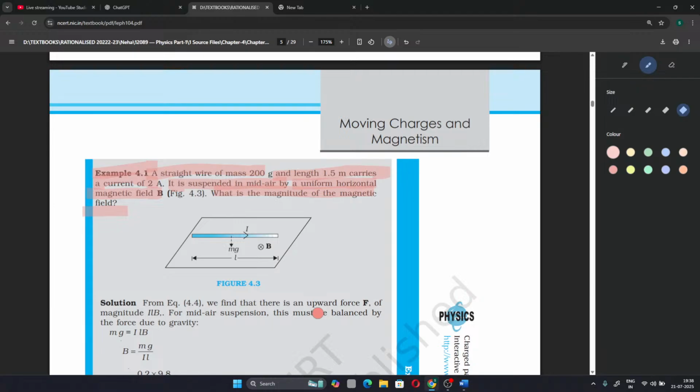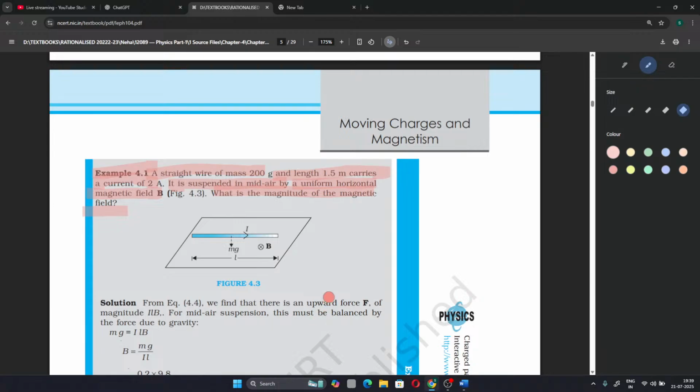This is suspended in mid-air by a uniform horizontal magnetic field. There is no rope holding this straight wire of mass 200 grams. It is floating in mid-air, and that is due to the magnetic field.